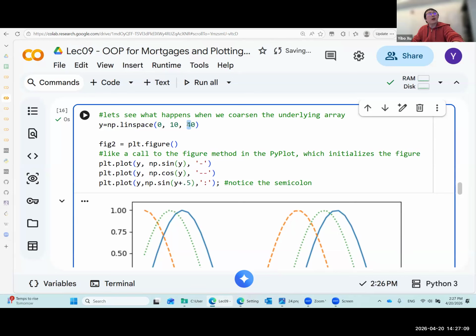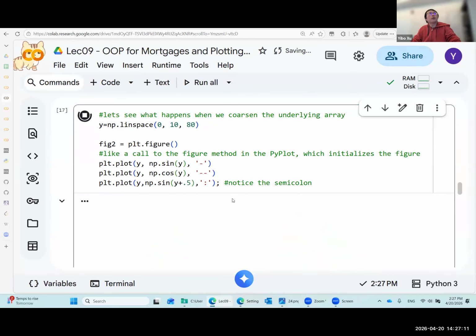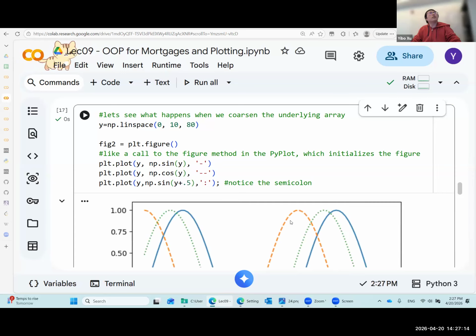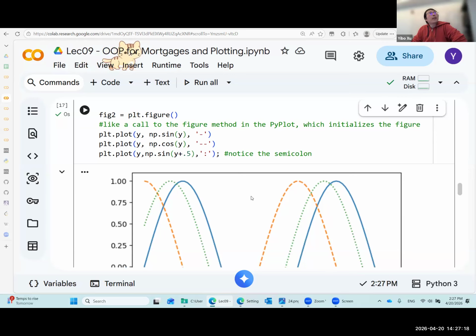You don't really need a whole lot of data points to get a good representation of these sine and cosine functions.